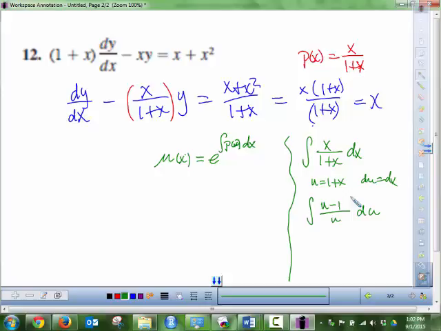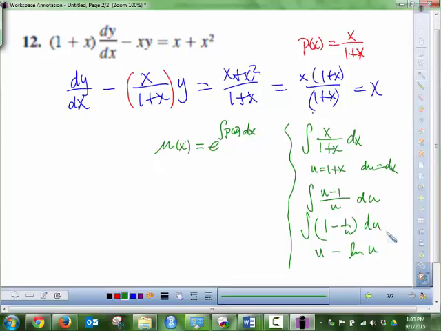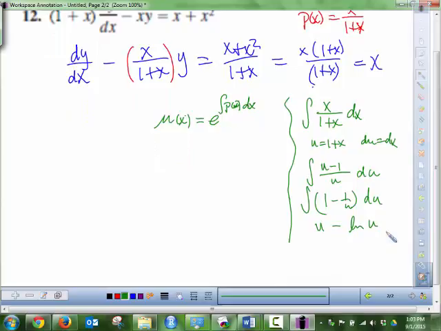So anyways, now that we have this, we can break this up to 1 minus 1 over u, right? Which is easier to integrate. So that's u minus ln of u. And let's just ignore the absolute value for now.